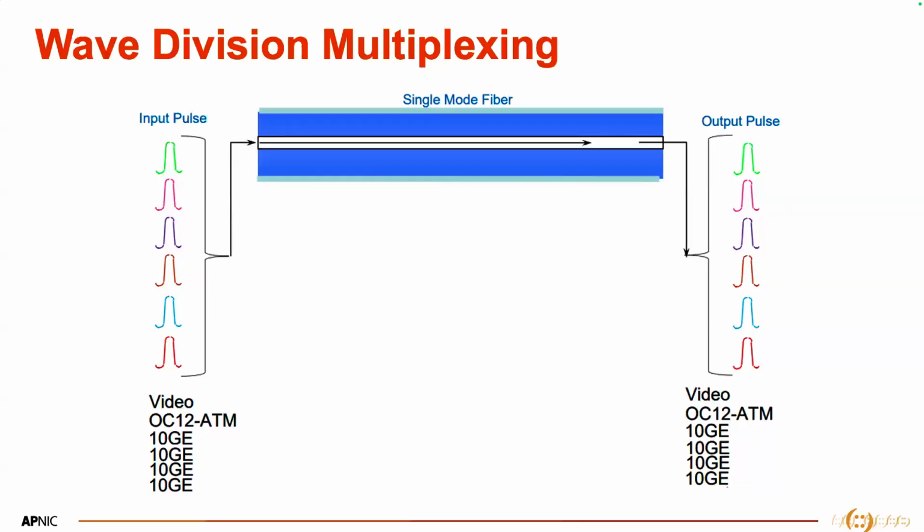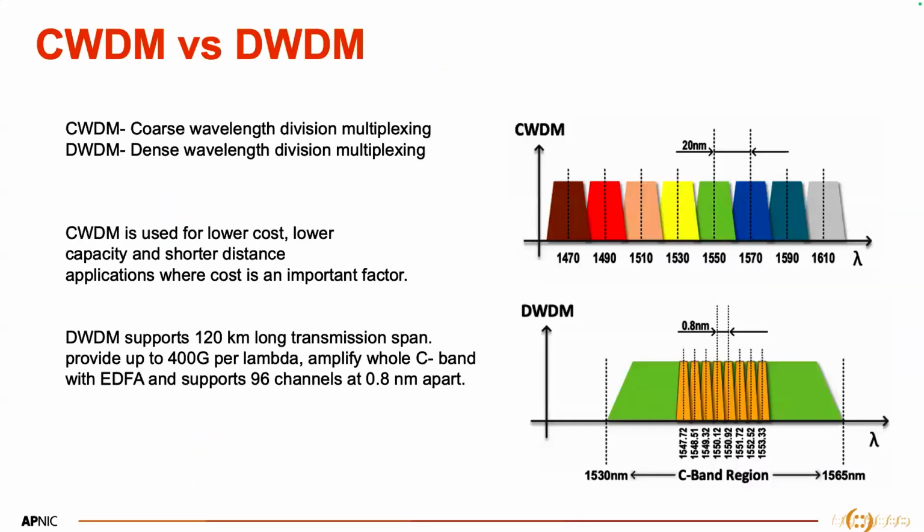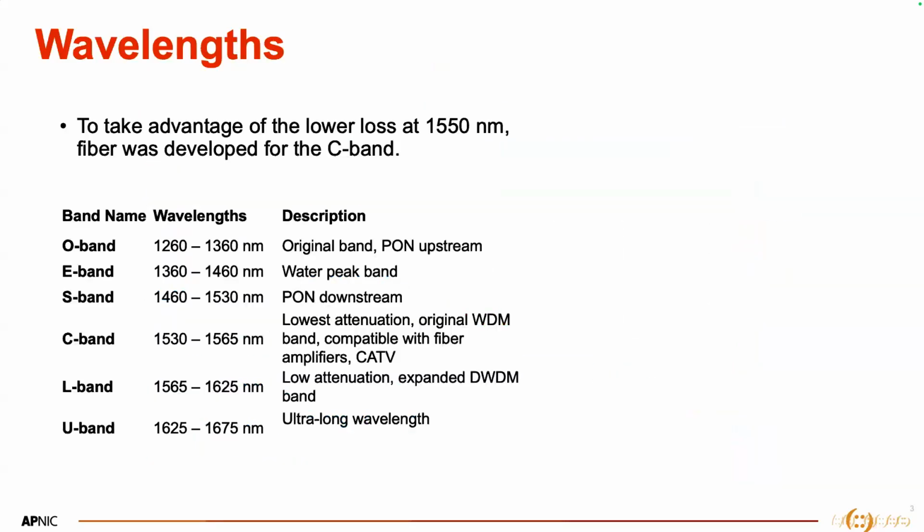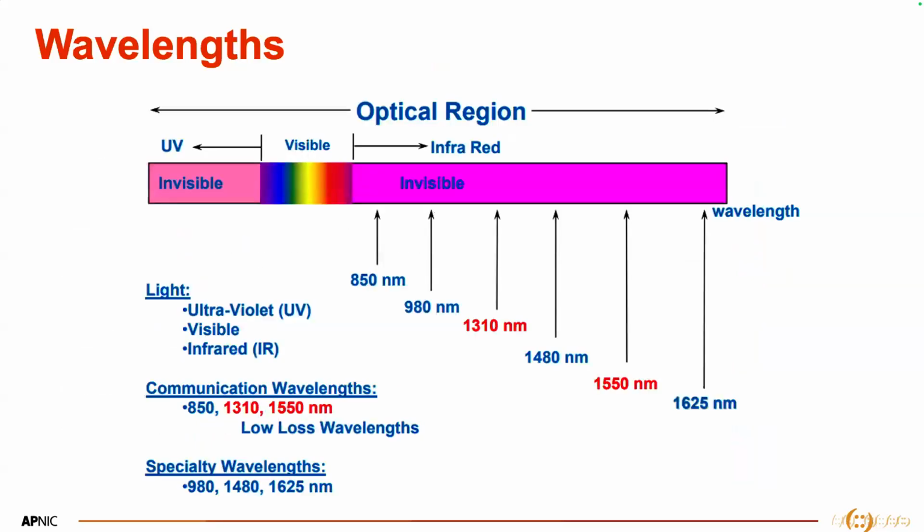The reason is that for multi-mode fiber, the supported wavelength does not fall into the lowest attenuation band. What we saw in the wavelength bands is that the lowest attenuation band is the C band, whereas multi-mode fiber falls into the 850 nanometer range or something like that.